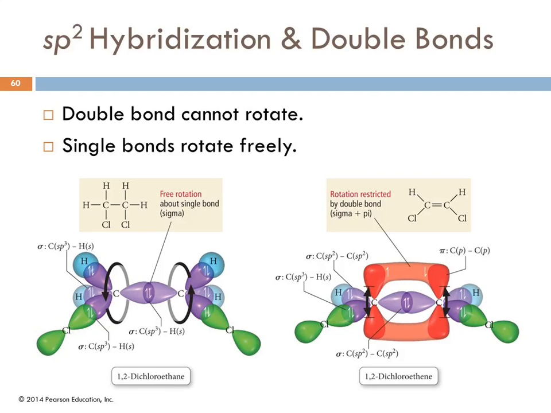Let's look at the difference between single and double bonds. So here we have dichloroethane. We've got 2 carbons, and each carbon has 3 atoms bonded to it. There is a single bond between the 2 carbon atoms.